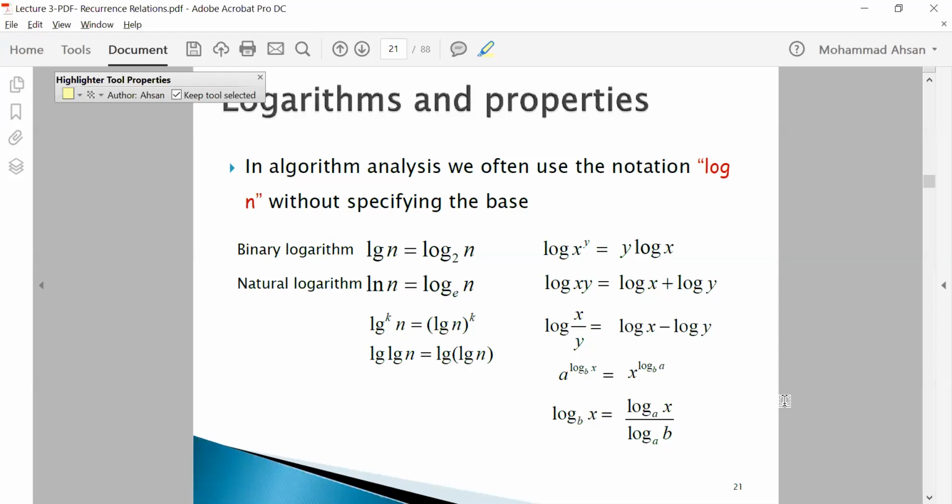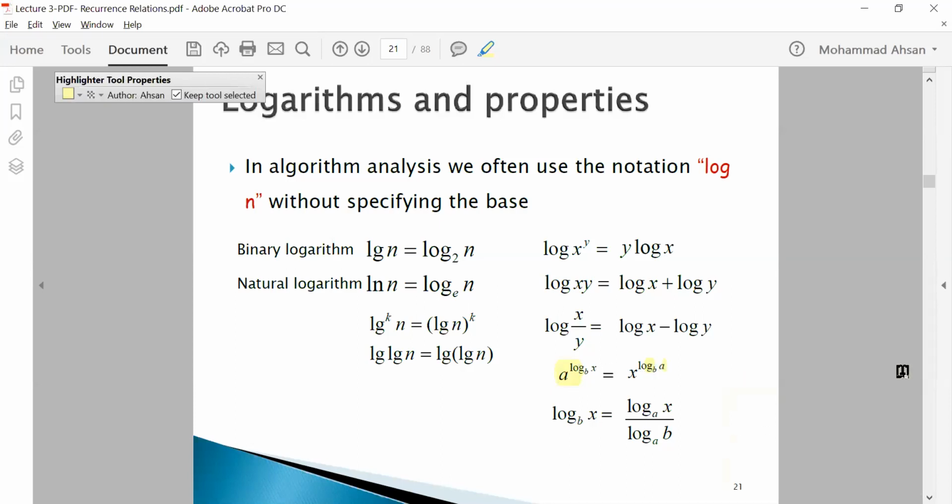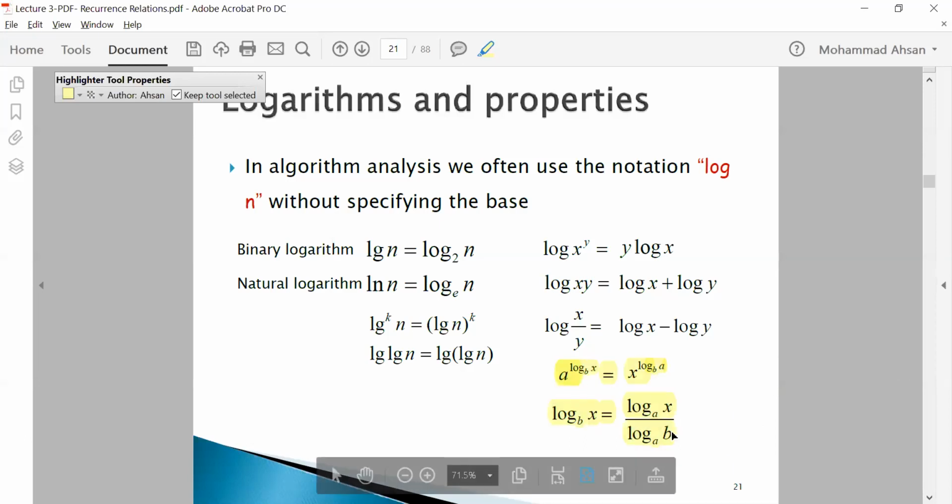Okay, so what is important here is this one formula. a to the power log b base x can be written as x to the power log a base b. And if you have to change bases, you should use this one. This is how you change the base of the log. And you know log xy is log x plus log y, and log x to the power y is y log x.